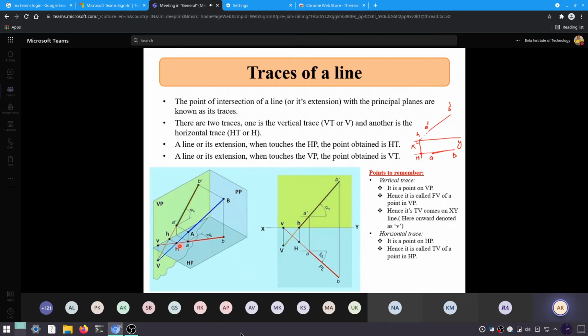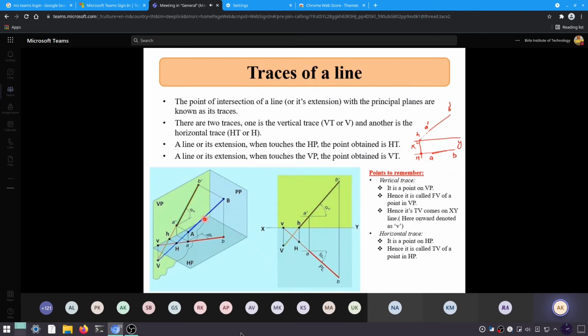The extension of this line will give you the horizontal trace, where the line meets the horizontal plane, or if the inclination is such that it meets the vertical plane first, you will get the vertical trace. In this case it is going to meet the horizontal plane first to get the point capital H, right? And if you extend it further, it is also going to meet the vertical plane since it is inclined to both the planes, right?